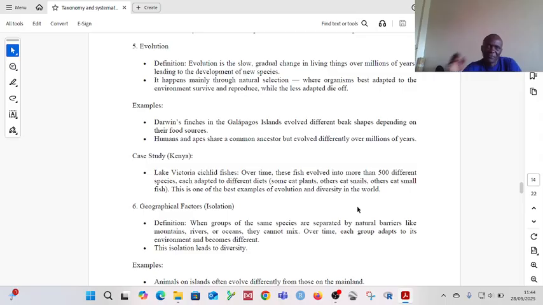Another cause is evolution. Evolution is descent with modification. Okay, descent with modification. So it means, for example, human beings, monkeys, gorillas, we come from a common ancestor. We have a common descent. But with time, there has been a gradual change. So we are undergoing modification.